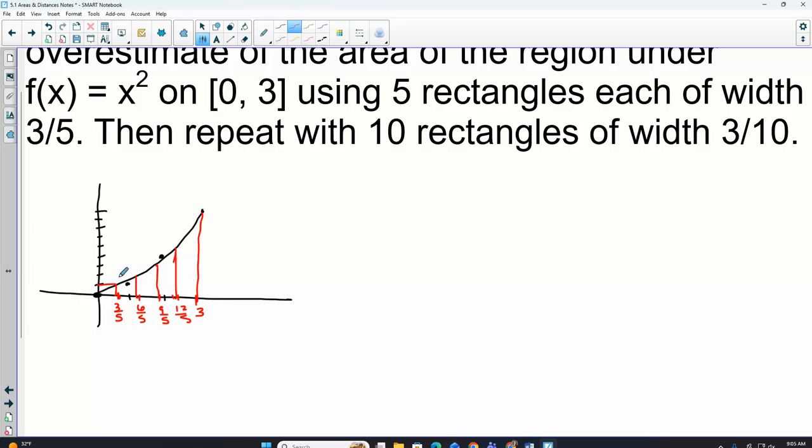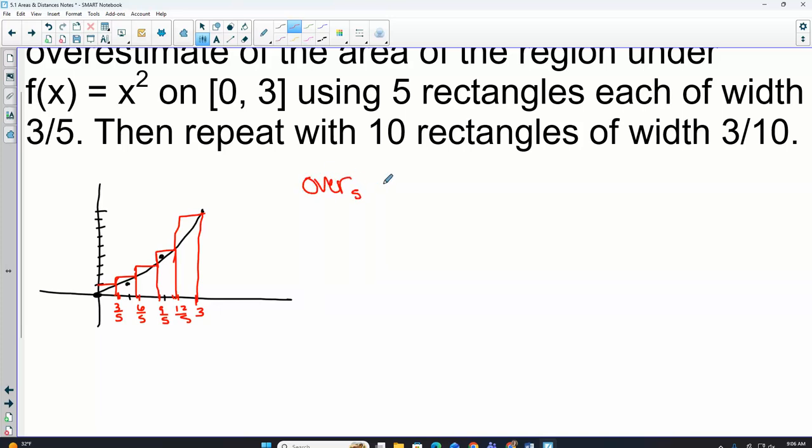It would be like these red rectangles here. How do you find the area of a rectangle? Length times width. Okay, so this is my overestimate.